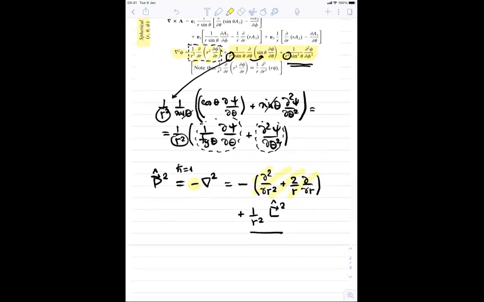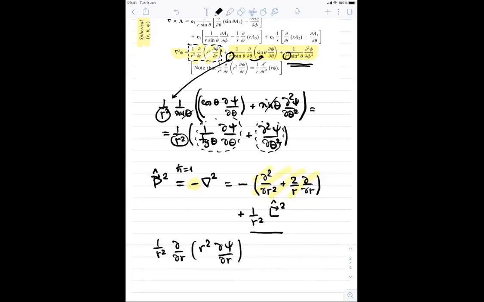So suppose that you do as Jackson suggests: 1 over r square, the derivative with respect to r of r square times the derivative of psi with respect to r.